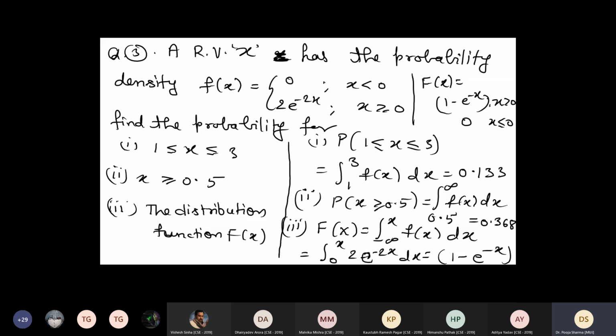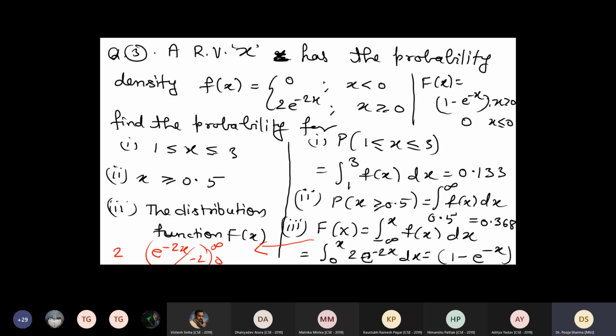If we integrate it, what are you getting? Let's integrate it. The 2 stays, because this is exponential power minus 2x, so here it should be 2 only. Integration gives exponential power minus 2x upon minus 2, from 0 to x.